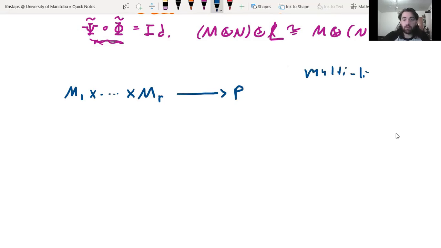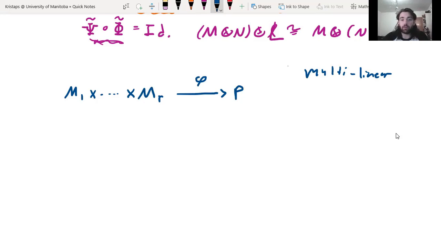multilinear map. What I mean by multilinear, you could probably guess. A bilinear map said that for any possible choice, you fix one of the coordinates and leave the other one open, and that is a linear map.